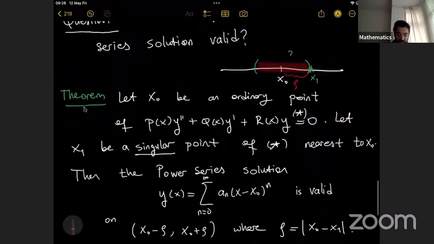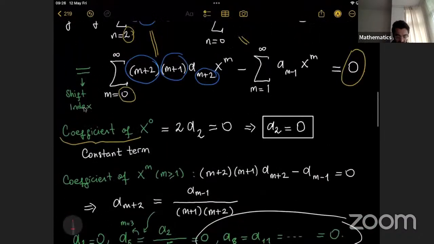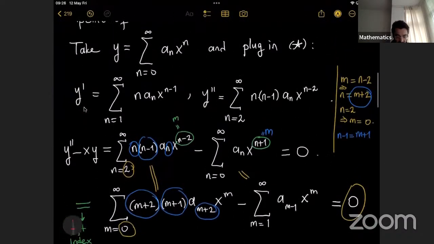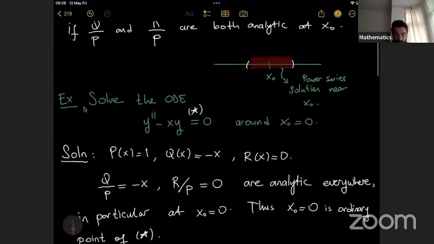With this theorem, let us look at the previous example. We had this equation, y double prime minus xy is equal to 0. The nice thing is we don't have any singular point here, because minus x and 0 are analytic everywhere.